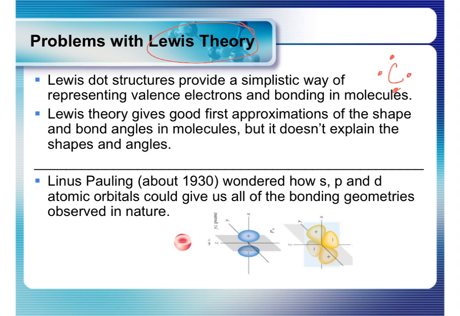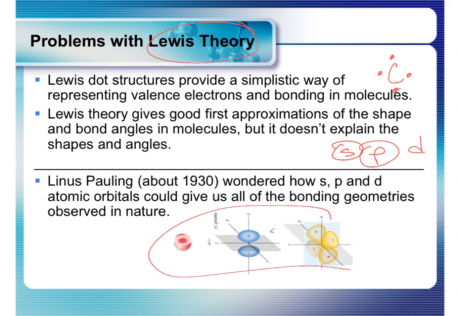If you deal only with the atomic orbitals of S, P, and D, they're right here. It doesn't explain the molecular shapes we observe, the tetrahedral and trigonal bipyramidal. And so Linus Pauling was one of the key contributors to the valence bond theory.